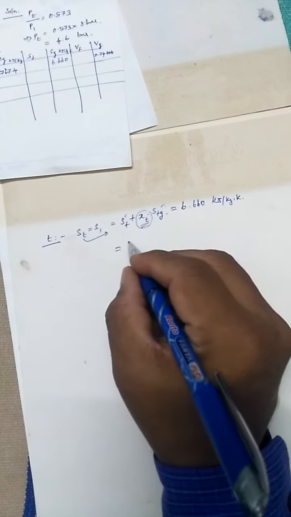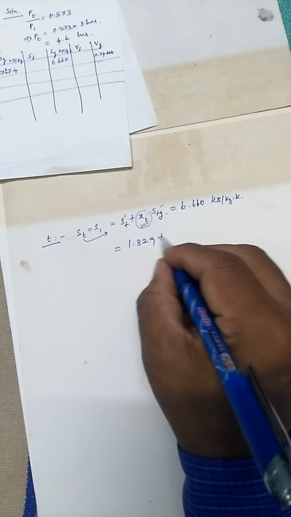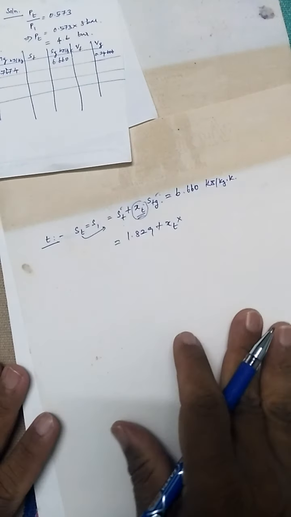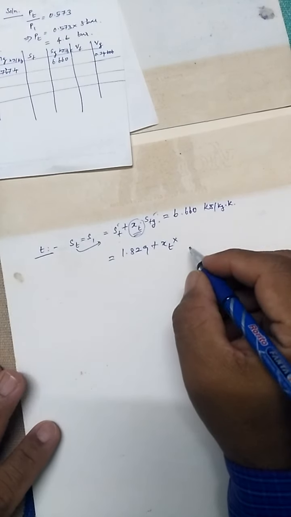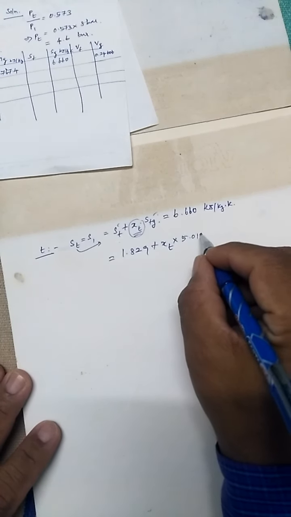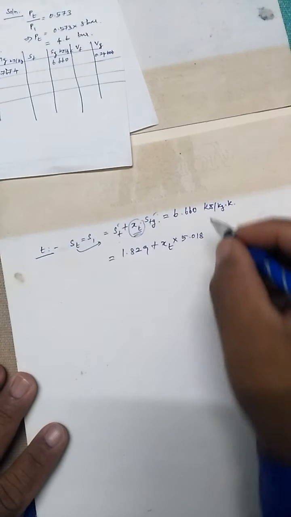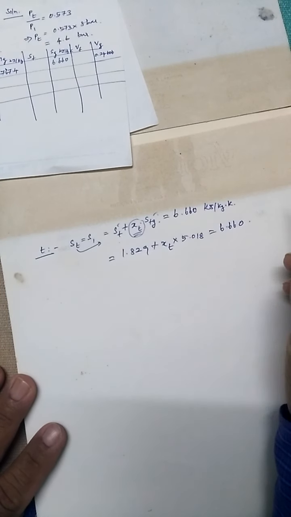So 1.829 plus Xt into Sfg, which from the steam table is 5.018, is equal to 6.660.